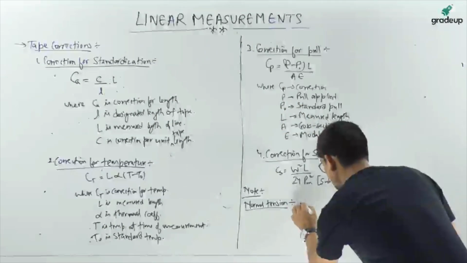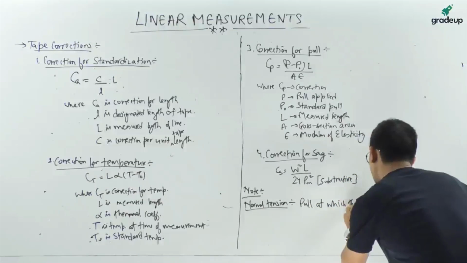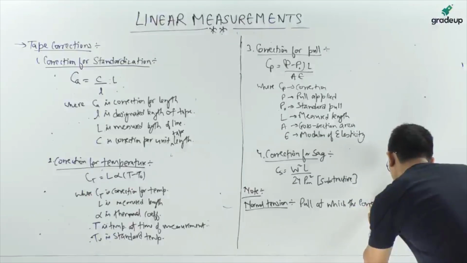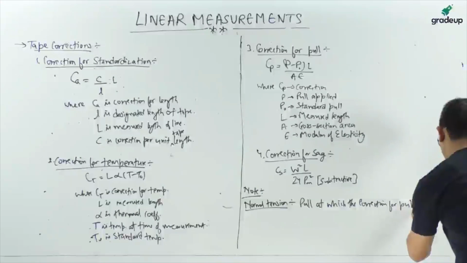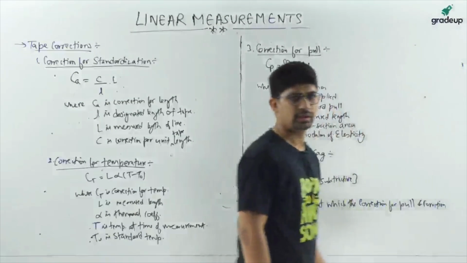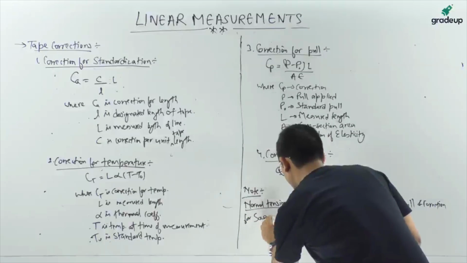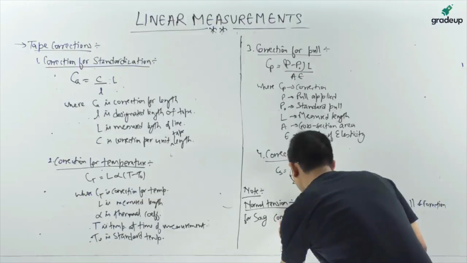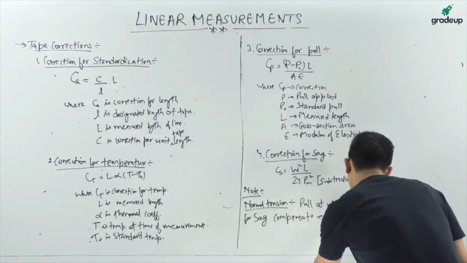Normal tension is the pull at which the correction for pull and the correction for sag compensate each other.